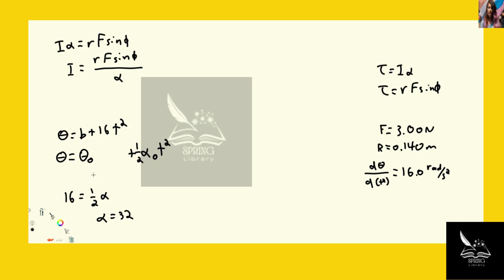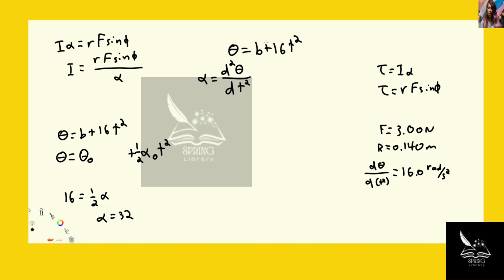But if just saying that these things look similar isn't good enough for you, I can just do the math and show you that this is going to be the case either way we do it. So once again, we know that this is what the equation is going to look like: theta equals b plus 16t squared. And we know that alpha is equal to the second derivative of theta with respect to time.